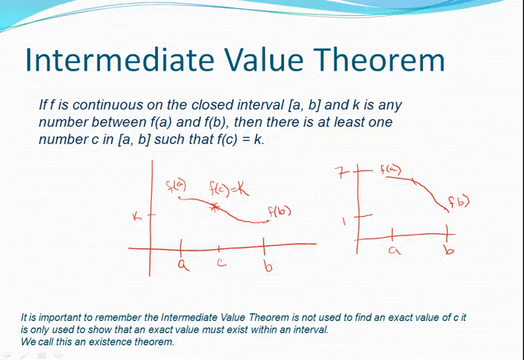So any number that I pick in between, any value of k that is between 1 and 7, there must be an x value within the interval that will provide me with that y value. The intermediate value theorem cannot help us find this value. It can simply tell us that it exists. It's an existence theorem.